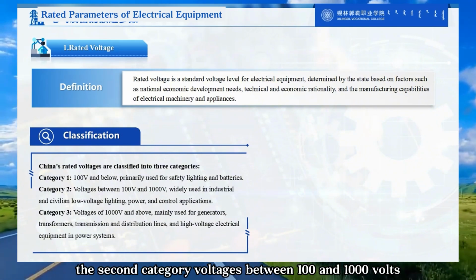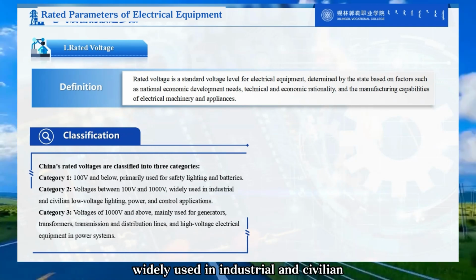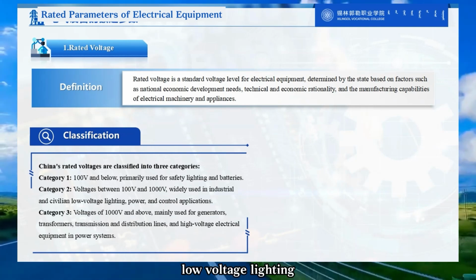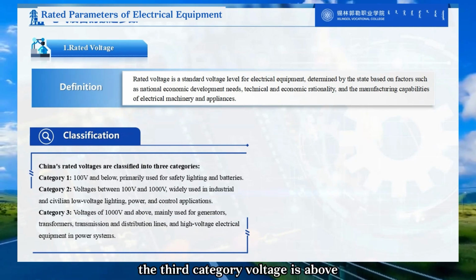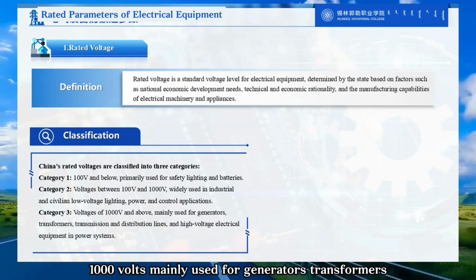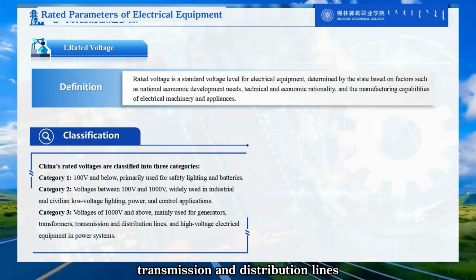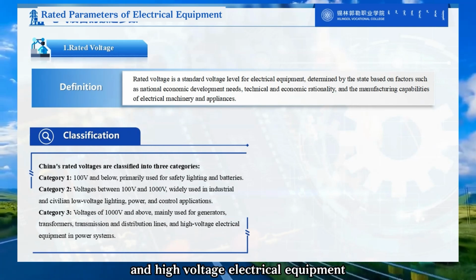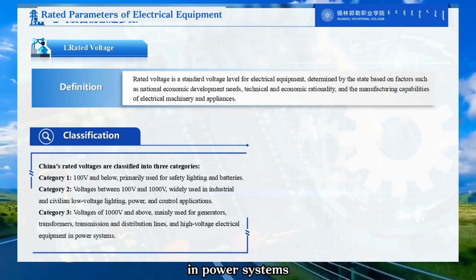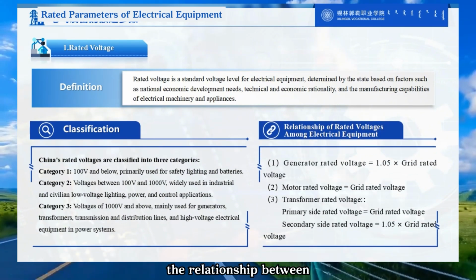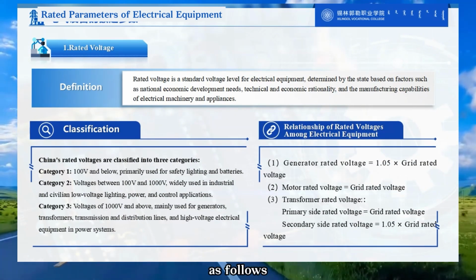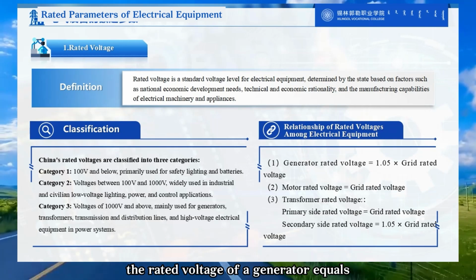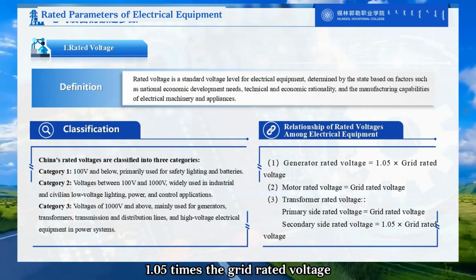The second category, voltages between 100 and 1000 volts, widely used in industrial and civilian low-voltage lighting, power, and control. The third category, voltages above 1000 volts, mainly used for generators, transformers, transmission and distribution lines, and high-voltage electrical equipment in power systems. The relationship between the rated voltages of various electrical equipment is as follows. The rated voltage of a generator equals 1.05 times the grid-rated voltage.